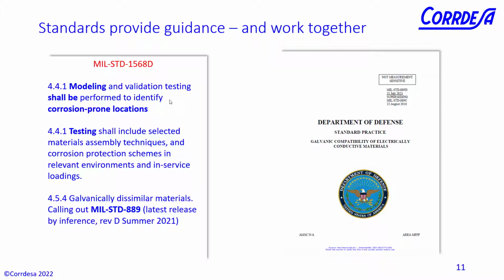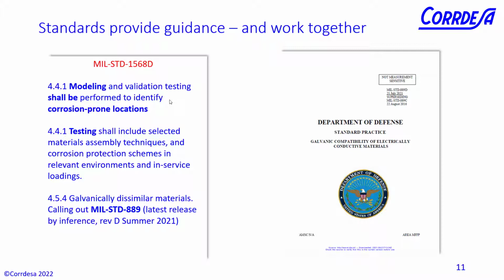This is very interesting because if you're building and designing a system and you have to do at some point some physical tests, how do you figure out what surrogate models, what specimens to create if you don't know where the corrosion is going to be? Now, a lot of folks will go, well, we've been building these for years, we know where the corrosion is going to be.